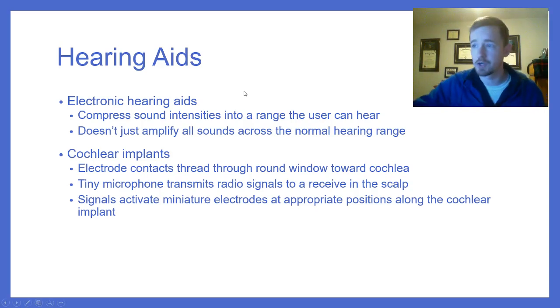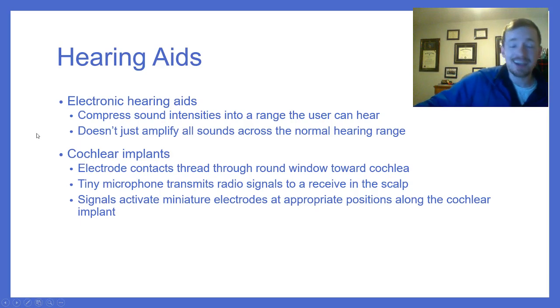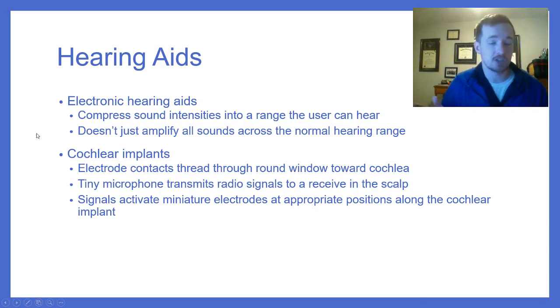And then finally we have the cochlear implants. Again, we've made huge strides in these in the past several years. These things are still incredibly expensive. Usually we have these implants that correspond to a speaker on the side of your head or clipped onto your shirt.